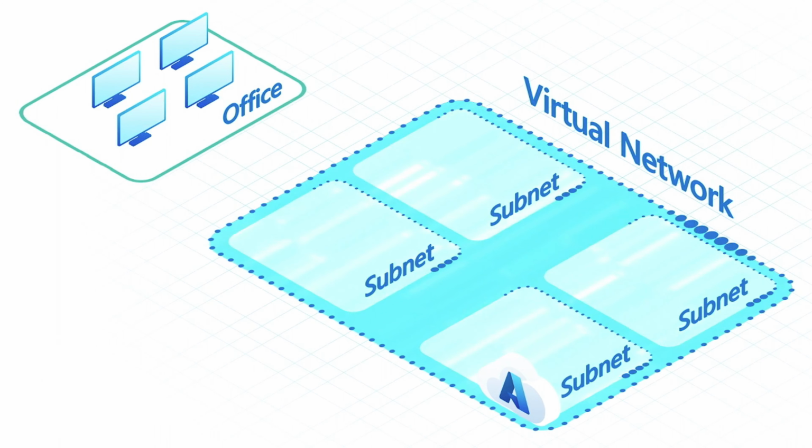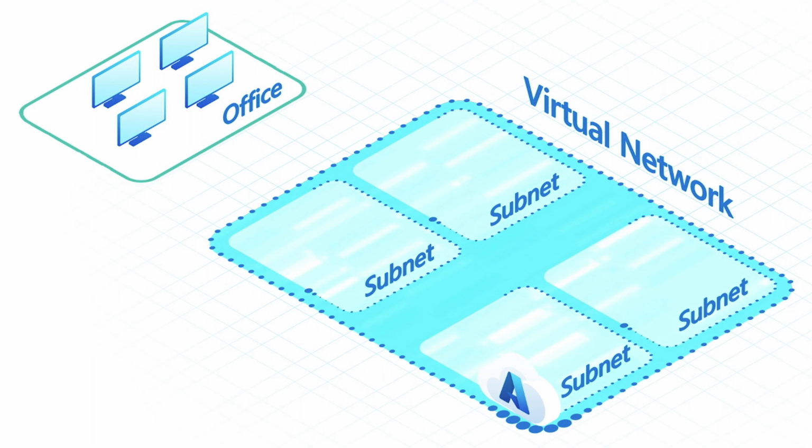Virtual networks also enable connecting an on-premises network to Azure using a VPN gateway, creating a private tunnel between your office and the cloud. Traffic routed through the tunnel is encrypted and provides secure access to resources. When creating a virtual network in Azure, you define subnets, security groups, routing tables, and other network connectivity needs.